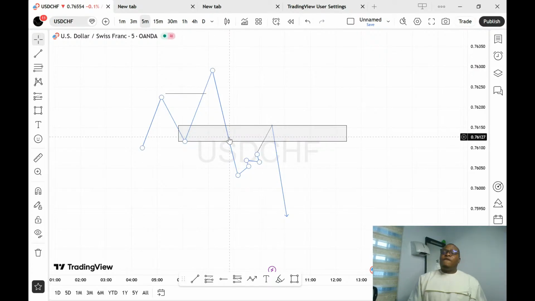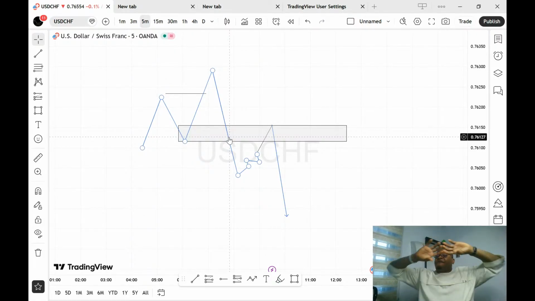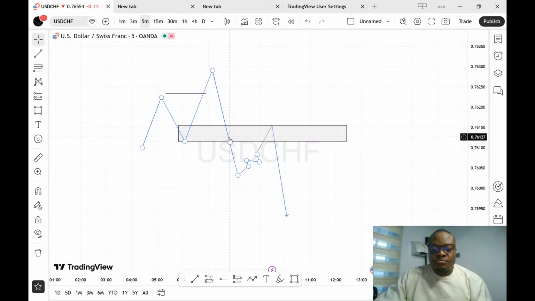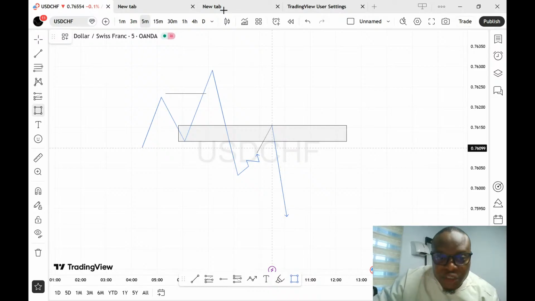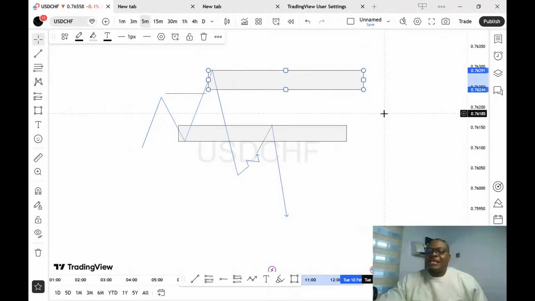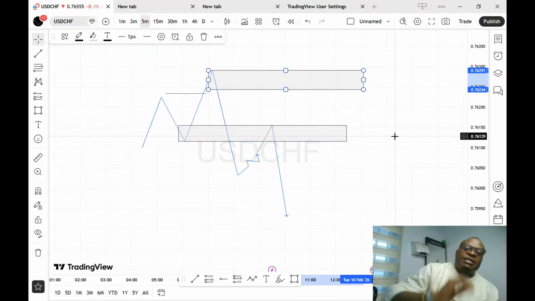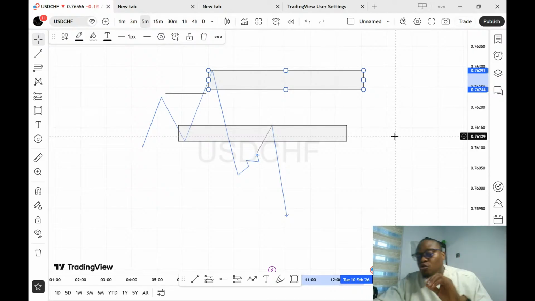Now you know that for every order block, for every change of character, for every reversal point, there's another order block there. So it means in this portion, there is still another order block here that has not been mitigated. There's an order block here that price has not come to fill.